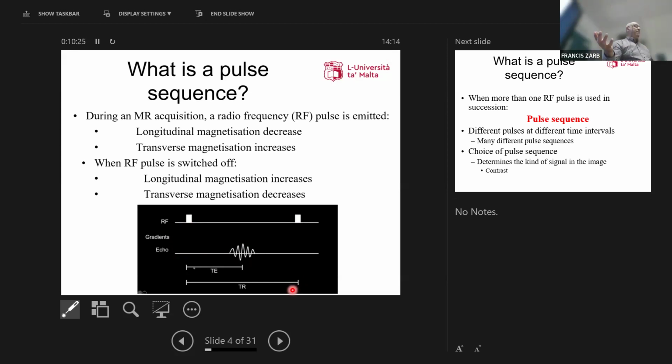Easy to remember: TE, time to echo; TR, time to repeat. Obviously, the TE is always shorter than the TR because it needs to be within the TR. It cannot be beyond the TR.